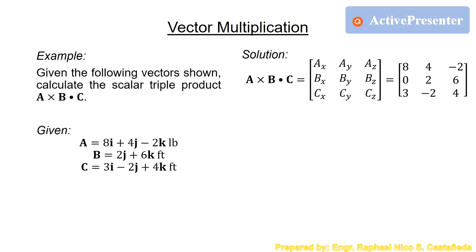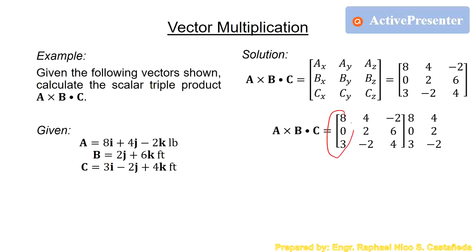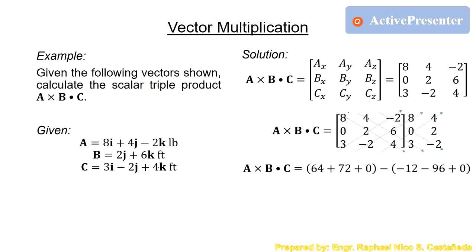Again, to perform the determinant, we need to copy these two rows right here, so that we can perform the basket method. We multiply in this manner. First, 8 times 2 times 4, we have 64.